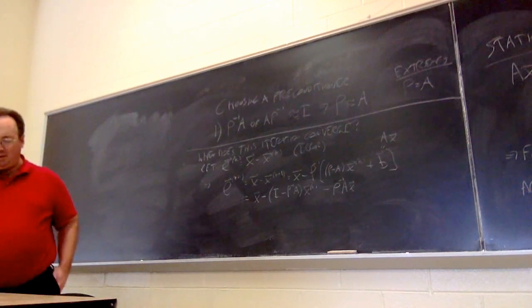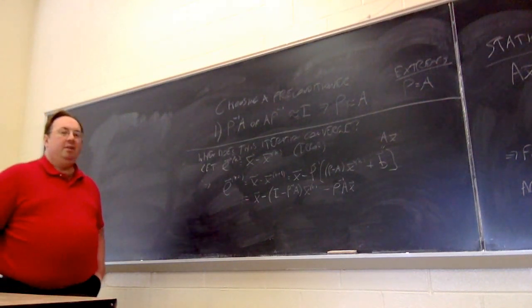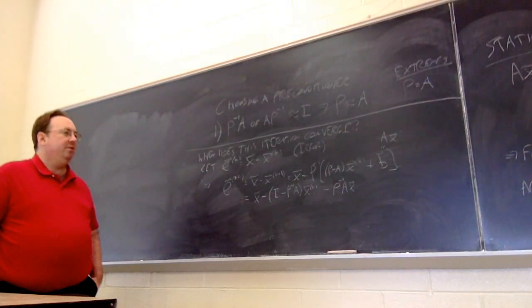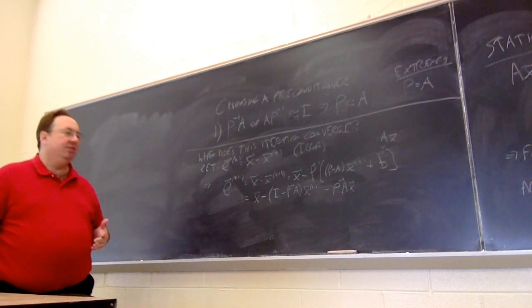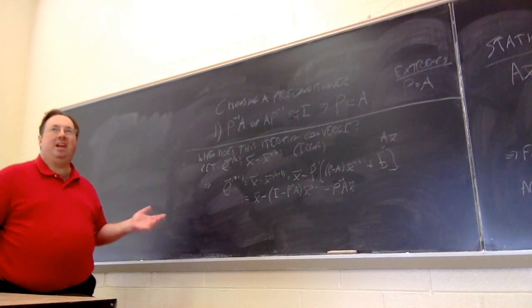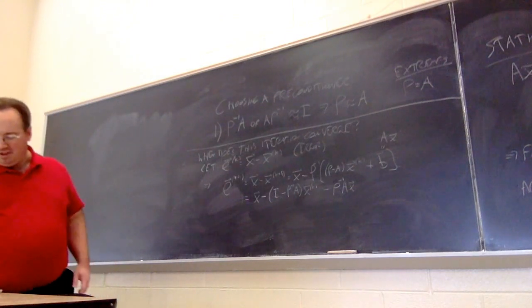Just as a side comment, it's interesting how P inverse was introduced into this in the first place as a right preconditioner. On the previous board, we're solving a right preconditioned system, but now we have P inverse multiplying A on the left. So that's kind of screwy.